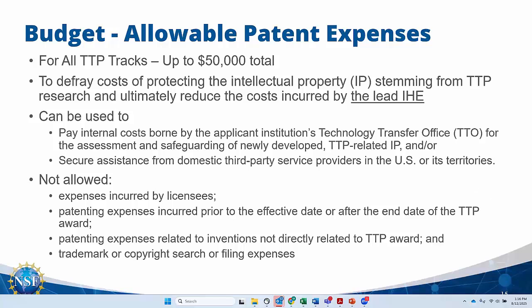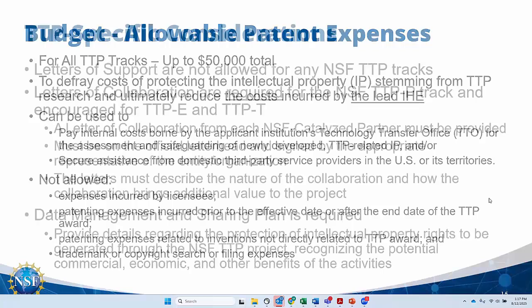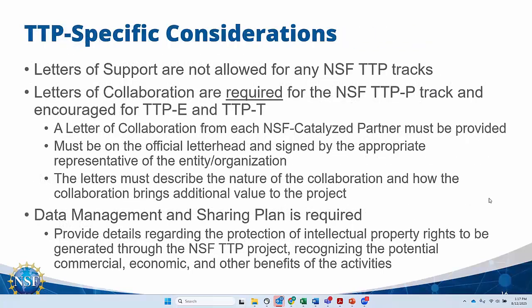On the specifics of supplementary documents, we know many proposals ask for letters of support, and on the next slide we will talk about what kind of letters are allowed and what are not allowed. The letters of support, which in general talk about a proposal's strength and all the good things, are not allowed.